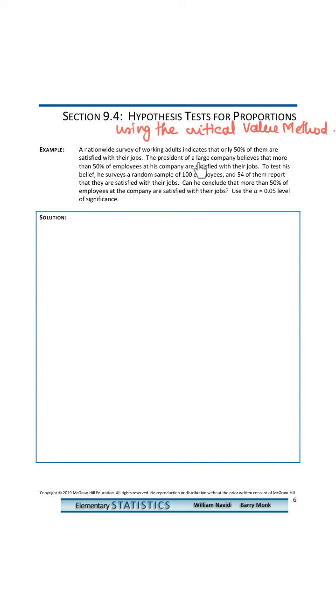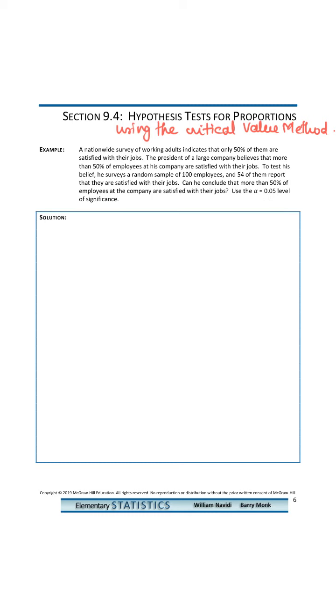The president of a large company believes that more than 50% of employees at this company are satisfied with their jobs. To test his belief, he surveys a random sample of 100 employees, and 54 of them report that they are satisfied with their jobs. Can we conclude that more than 50% of the employees at this company are satisfied with their job? Use alpha 0.05 level of significance.